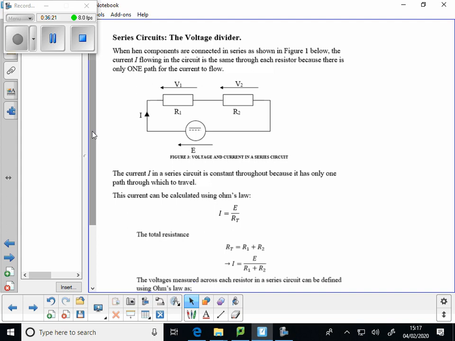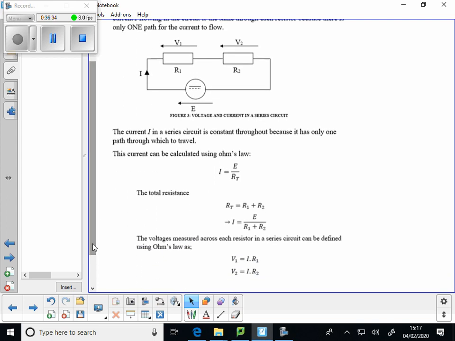What it does is divide that voltage up into two separate voltages. We'll formalise that a little later on when we consider Kirchhoff's law. But we can calculate the current by dividing the total voltage by RT, and as we know, RT is R1 plus R2. So the current is E over R1 plus R2.